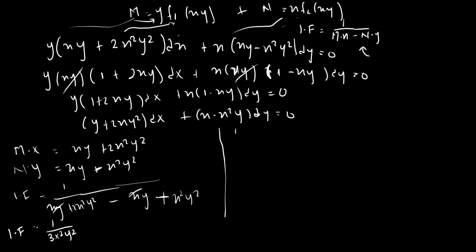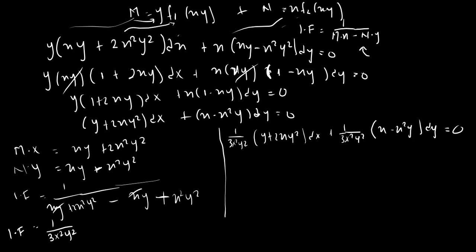So we're going to have 1 over 3x squared y squared multiplied by (y plus 2xy squared) dx plus 1 over 3x squared y squared multiplied by (x minus x squared y) dy is equal to 0. So now we're going to multiply.